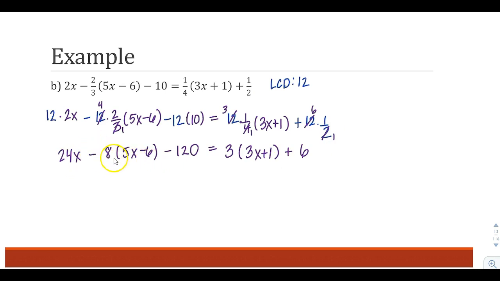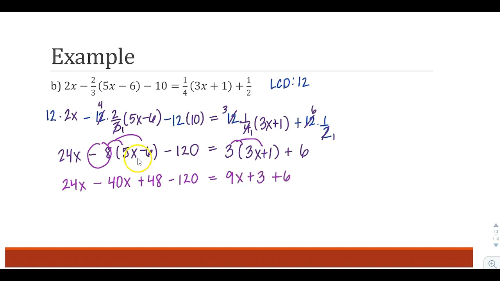Now I'll distribute in to clear my grouping symbols. So I'll distribute in the negative 8, so I have 24x minus 40x. I have 8 times 5, that's 40, so minus 40x. Now negative 8 times negative 6 is plus 48 minus 120 is equal to the 3 distributes, so 9x plus 3 plus 6.